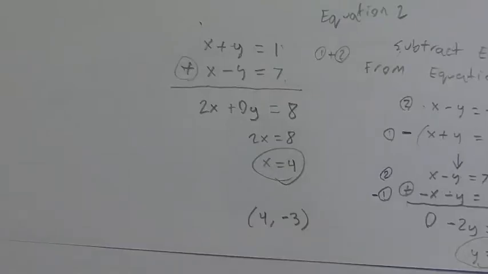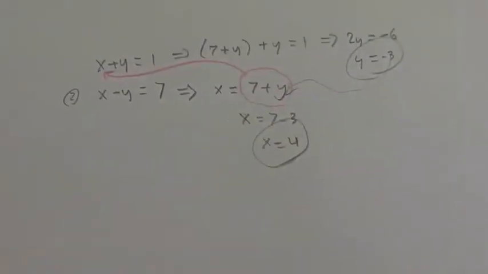So if you don't like the addition method, you don't have to use it. But I do recommend trying it when it tells you to, because when you get used to it, it's actually a faster way of doing these problems than the substitution method. The substitution method is actually kind of slow, whereas the addition method is kind of fast if you know what you're doing.